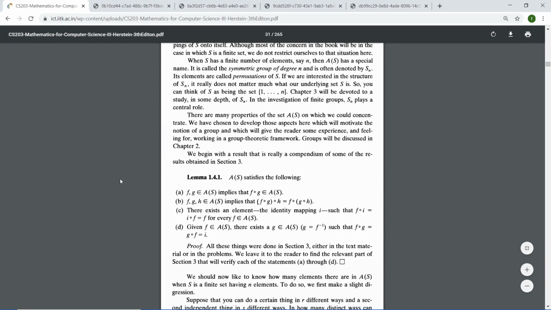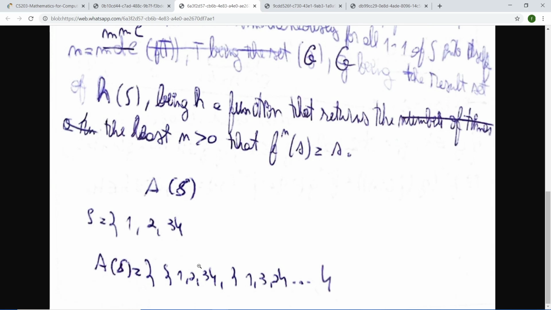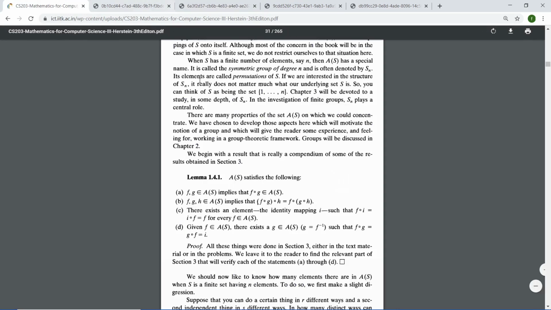A of S is basically the set of all permutations. So all possible ways that S is onto itself, and so bijective. So yeah, it's the set of all the possible ones.